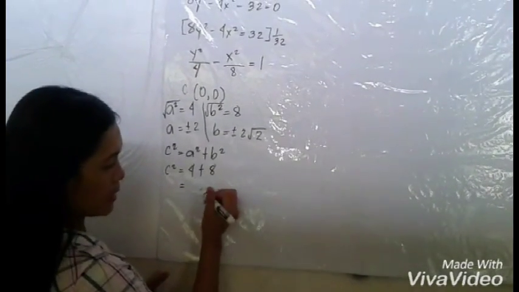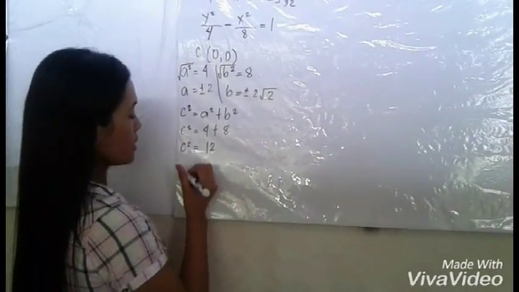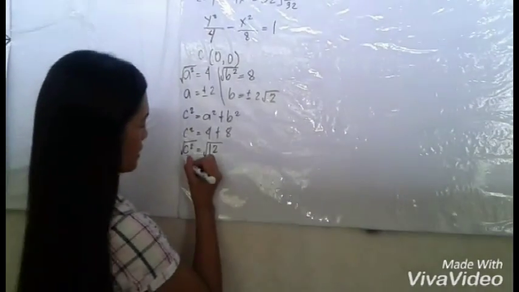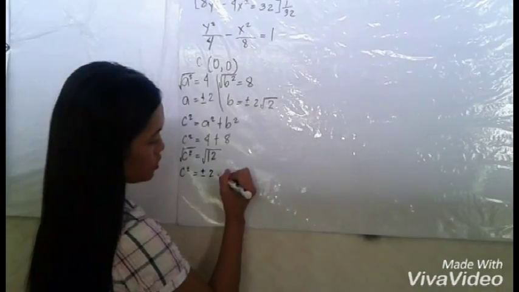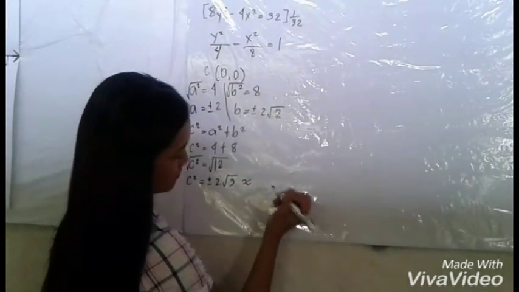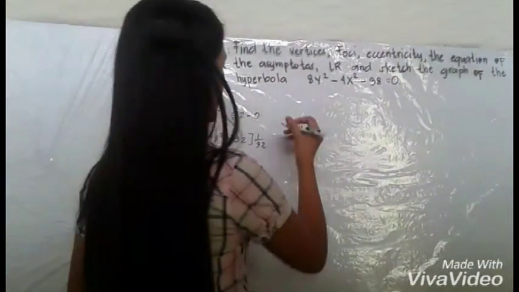Then 4 plus 8 is equal to 12. Taking the square root to eliminate the square, c is positive negative 2 square root of 3, approximately 3.46.